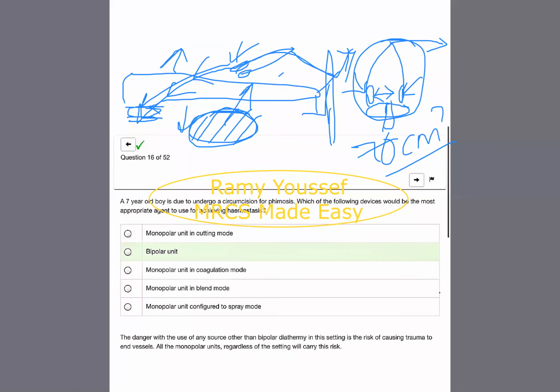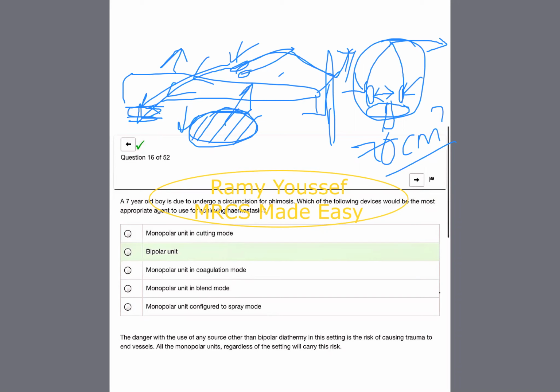So if you are working on the appendix and you put the electrode on the thigh, it passes from the place you are cutting through the thigh of the patient up to the other electrode. Okay, this is the idea.